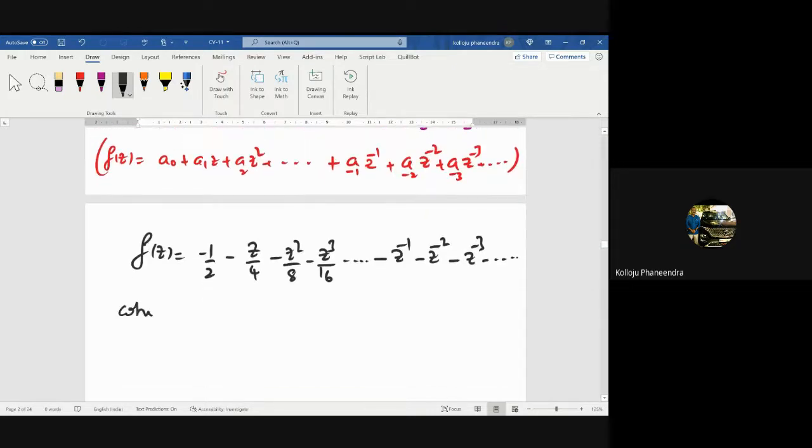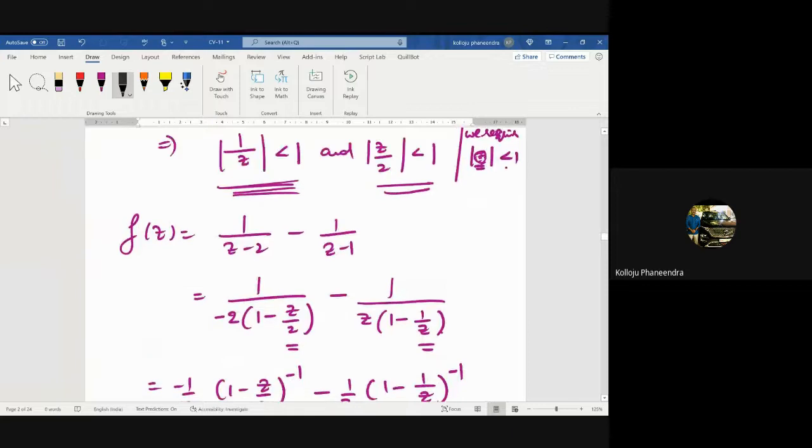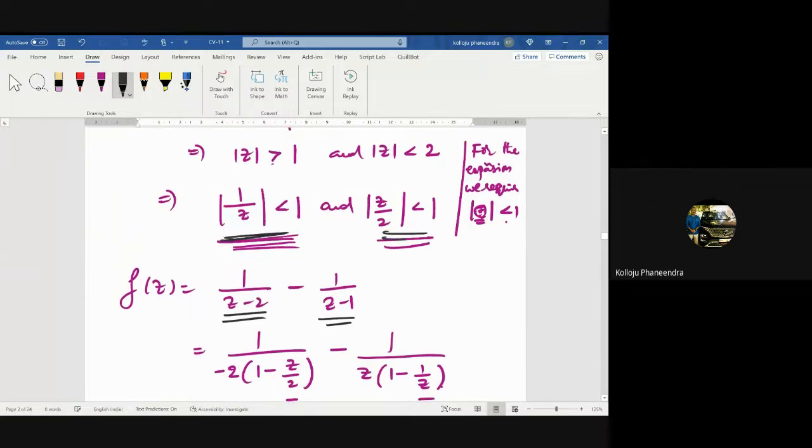Positive and negative powers mean what is the series? Which is Laurent series expansion. Any doubts? So always remember the conversion of the terms is very, very important, how z minus 2 and z minus 1 can be altered according to this inequality.